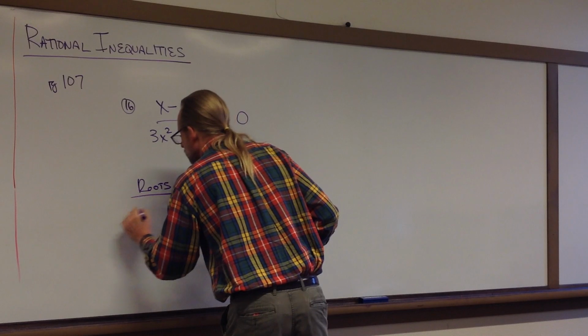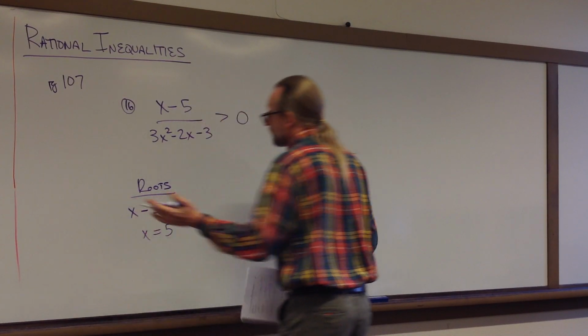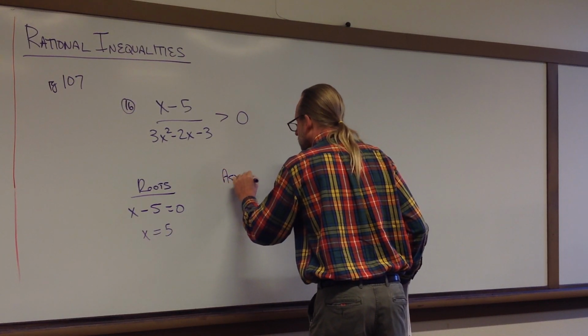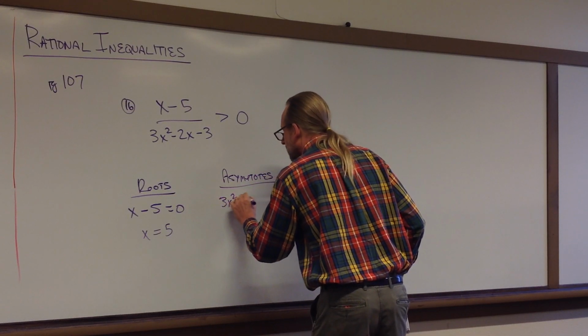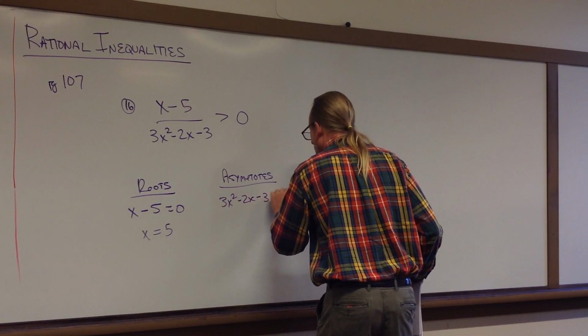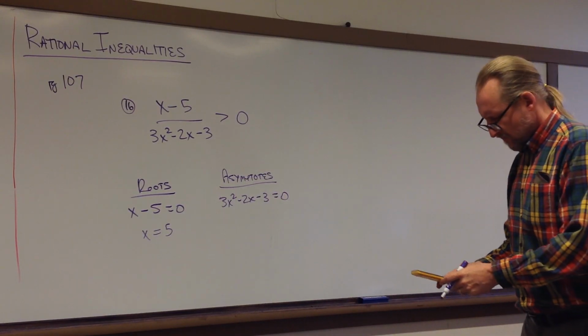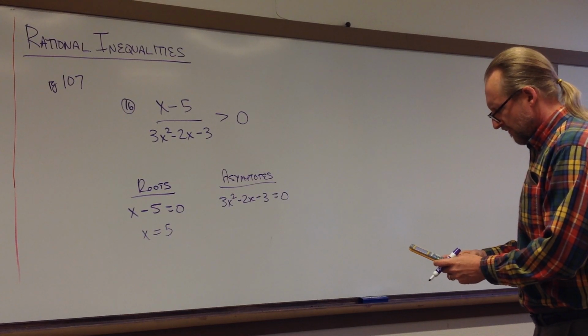So our roots are going to be what make the numerator be 0, and that's just going to be positive 5. And then the asymptotes are going to be where the denominator is 0. And so I'll run this through the quadratic here. What do we get? 3, -2, -3.